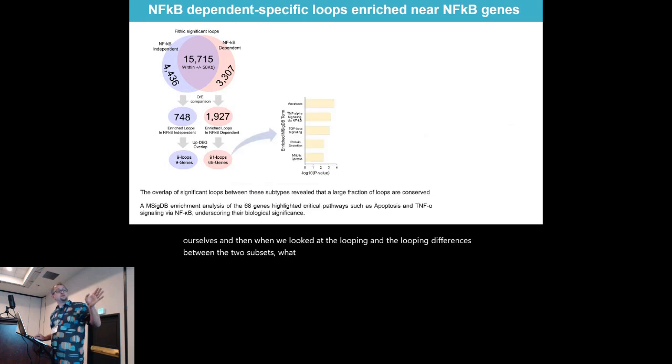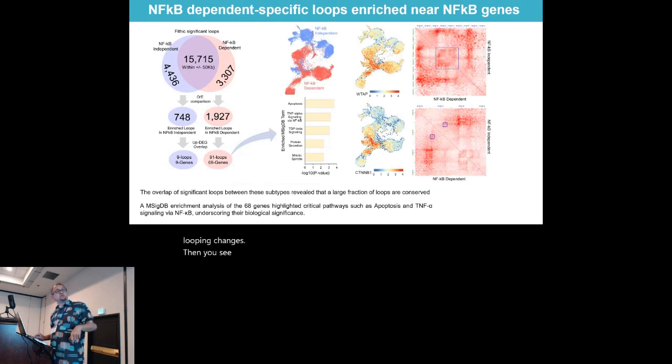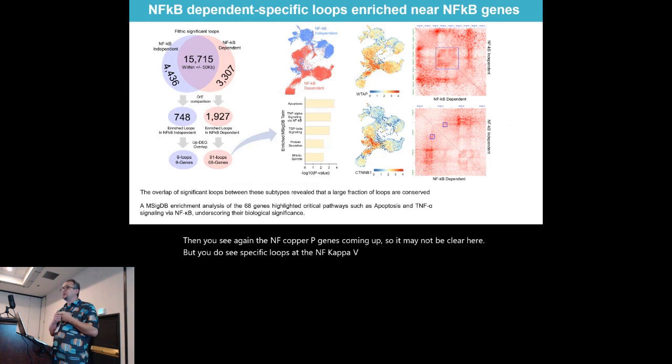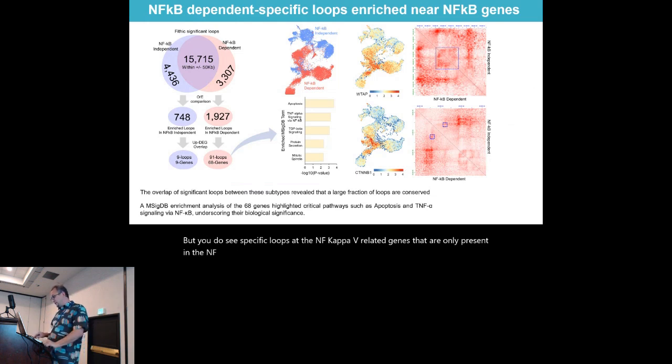Again, you see the NF-kappa B genes coming up. It may not be clear here, but you do see specific loops at the NF-kappa B related genes that are only present in the NF-kappa B high subset and not the other one.